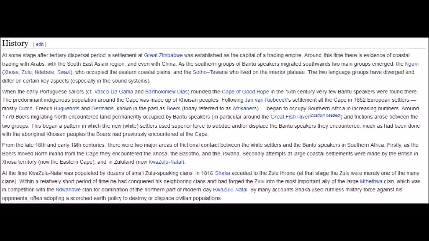As the southern groups of Bantu speakers migrated southwards, two main groups emerged: the Nguni, Xhosa, Zulu, Ndebele, and Swazi, who occupied the eastern coastal plains, and the Sotho-Tswana, who lived on the interior plateau. The two language groups have diverged and differ on certain key aspects, especially in the sound systems.